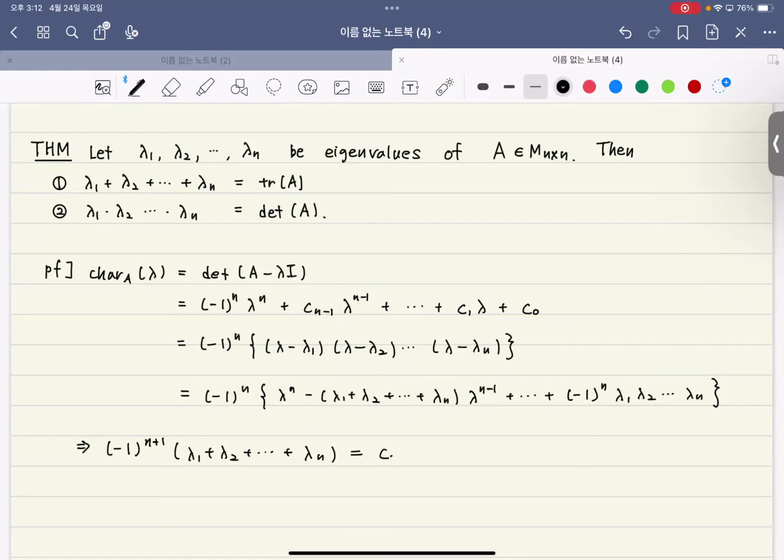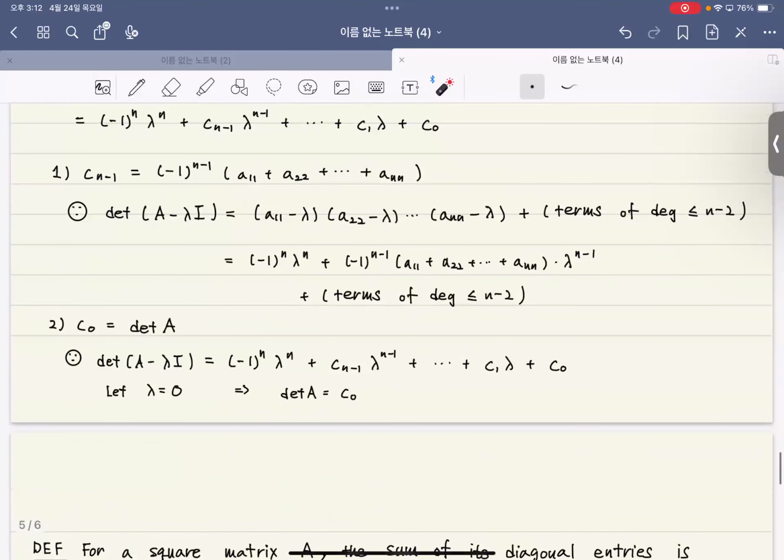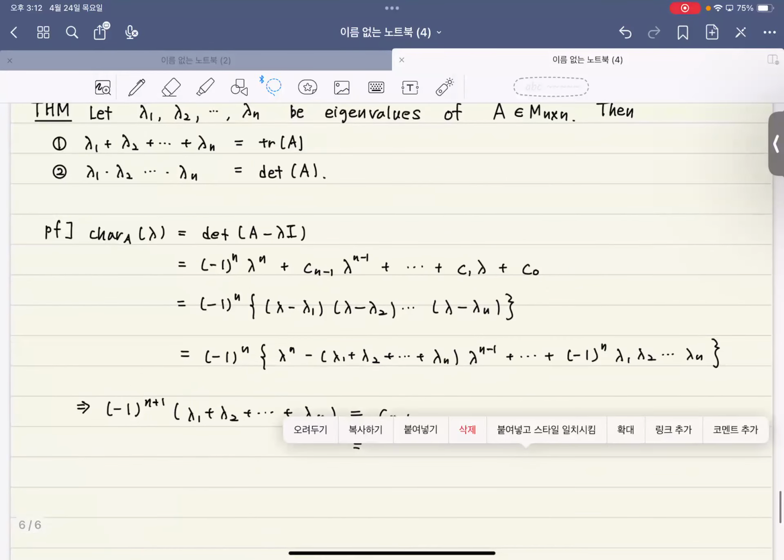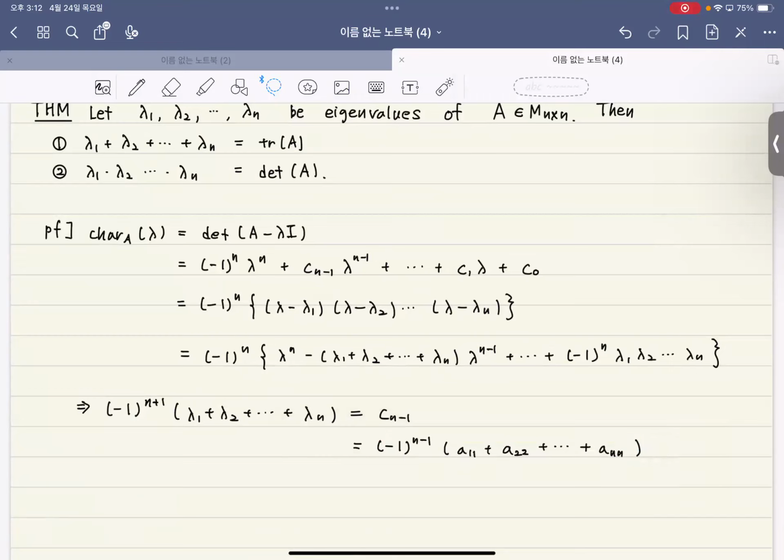But C n minus 1 is this. So anyway, eventually, the sum is A11 plus A22 through Ann, which is the trace.